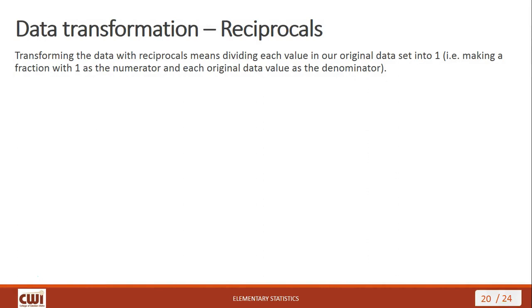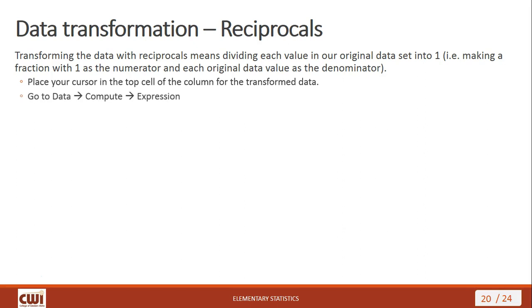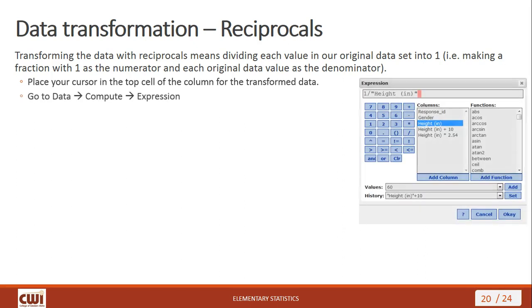What if we take the reciprocal of each value? Taking the reciprocal means that we take each value and divide it into 1. So essentially, we're making a fraction where 1 is on the top and our original value is on the bottom. Again, start by placing your cursor in the top cell of the column for the transformed data. Then go to Data, Compute, Expression.